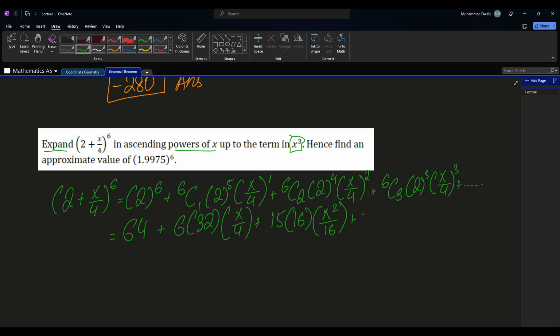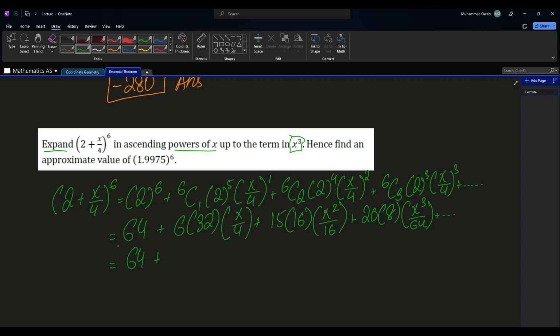Now then, 6c3 gives us 20, and 2 power 3 is 8, and then x over 4 cubed gives us x cube over 64. Alright, now then let's resolve this.